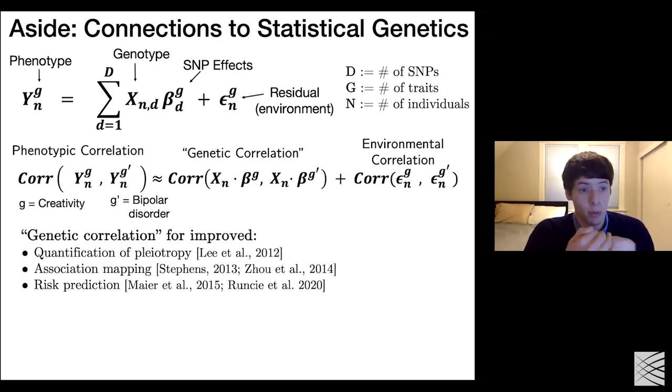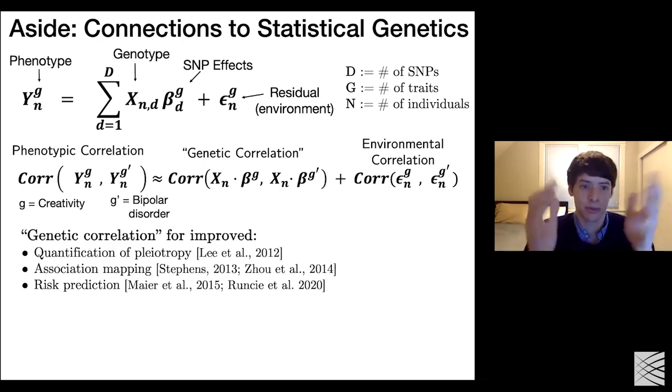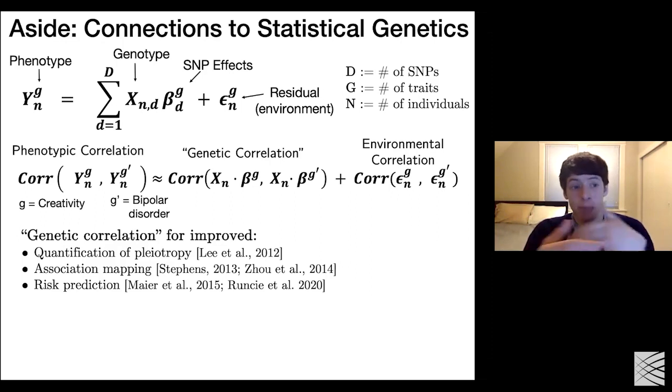So for quantifying pleiotropy, right? This is precisely this idea of the same genes impacting multiple different traits, as well as increasing power for association mapping and risk prediction.